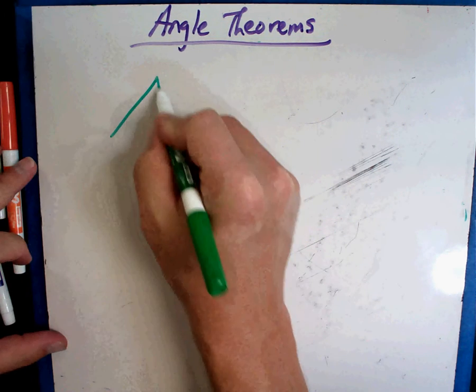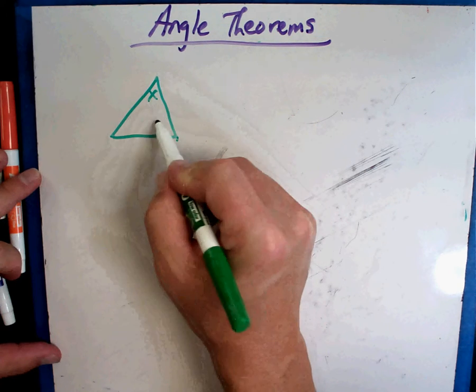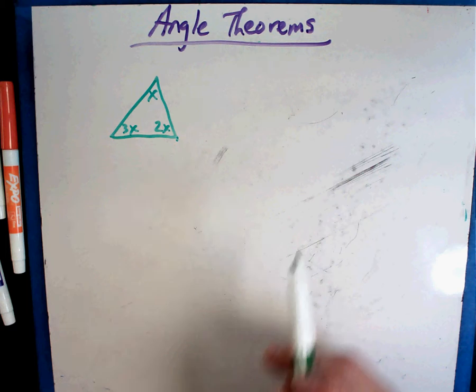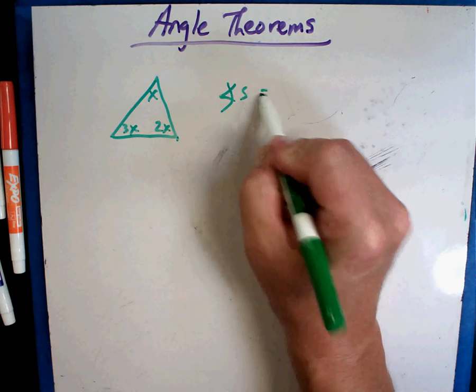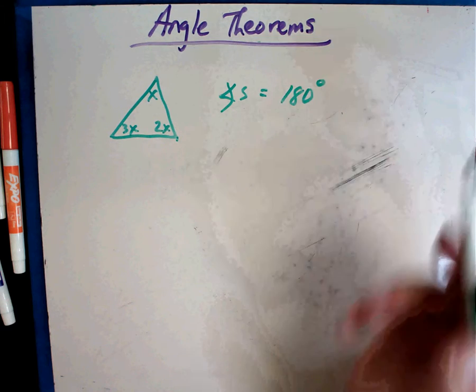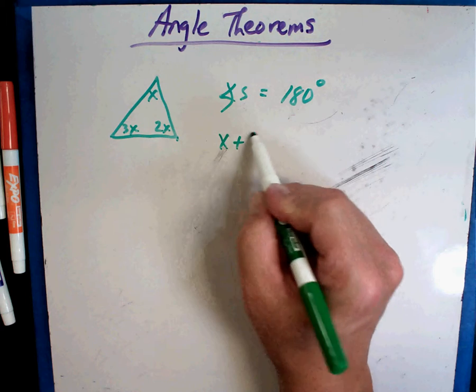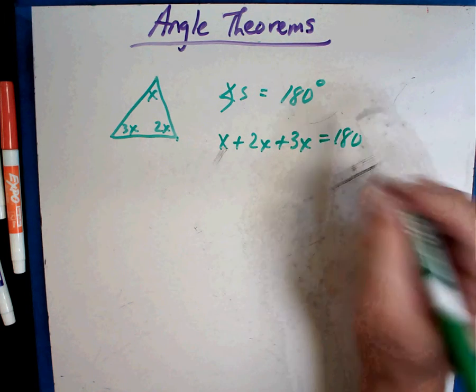If you had a triangle, and let's say the angles are x, 2x, and 3x, just so that they're not all the same. By definition, all of these angles equal 180 degrees. So in this case, you could say that angle x plus 2x plus 3x equals 180.